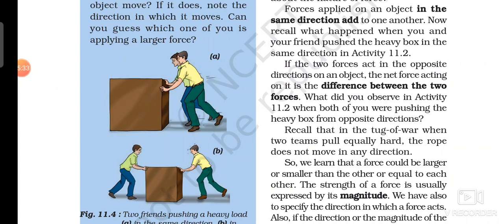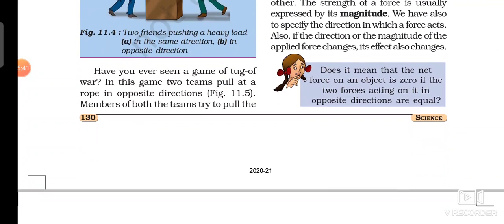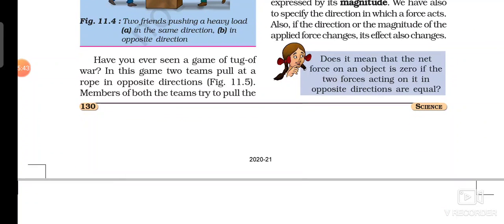Now I give you one more example. For example, in tug of war, rope का movement कितना होगा? That is defined like net force कितना दिया गया है. ठीक है, दोनों टीम्स ने अगर सेम फोर्स अप्लाई किया है देन द रोप विल नॉट मूव.